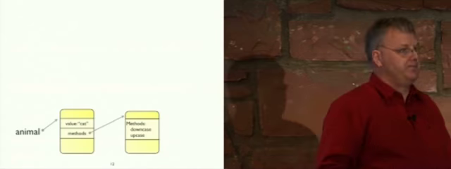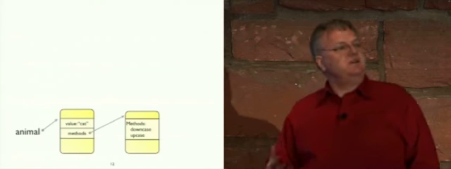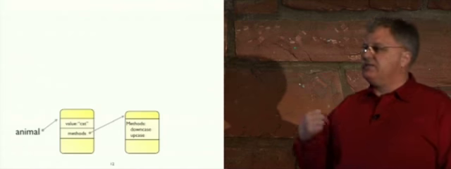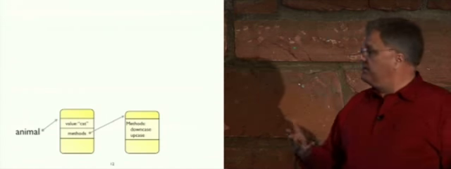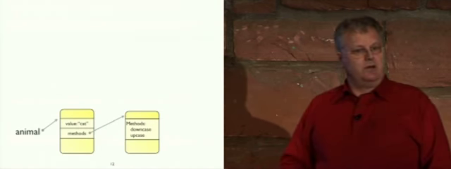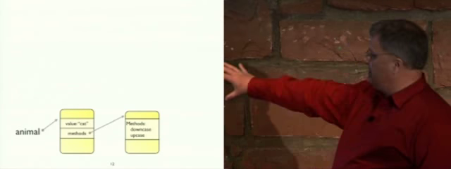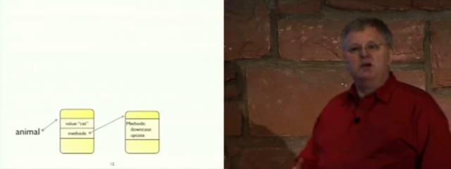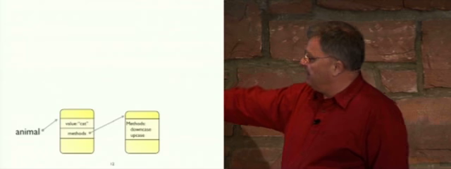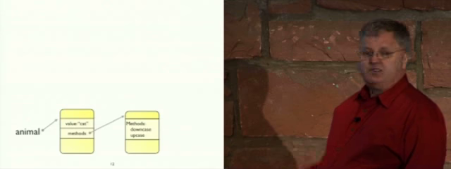But we said that objects also have behavior, and in Ruby the behavior is a set of methods. Because all strings share the same basic behavior, it would be stupid to put that behavior in each individual string object. So instead, Ruby strips it out and puts it into a separate little table here, a table of the things that a string can do. And so we have a pointer from our cat object to a table of methods.